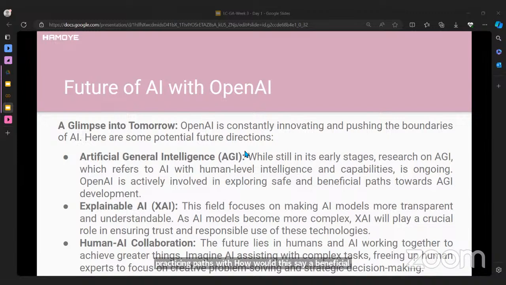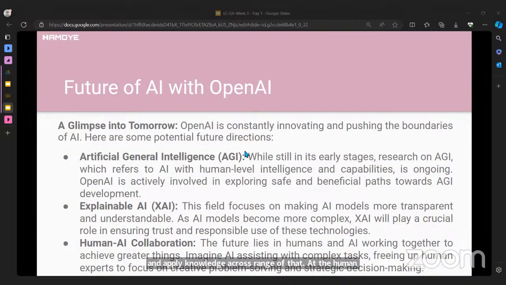This includes rigorous testing and ethical considerations to ensure that the AGI they are developing aligns with human values. So this is also one of the things we are expecting in the near future, right? A model that can understand, learn, and apply knowledge across a range of tasks at a human-like level.